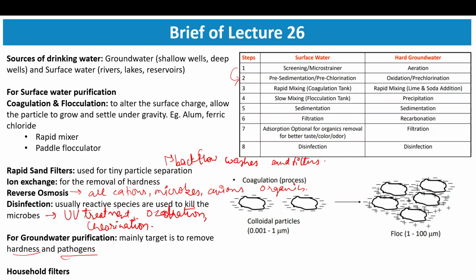So groundwater has more hardness and more soluble content, TDS will be more, and conductivity will be more. Further, pathogens will be more, so mainly we need disinfection and ion exchange, which are the major processes, or we can even use the lime soda process for hardness removal to purify groundwaters.